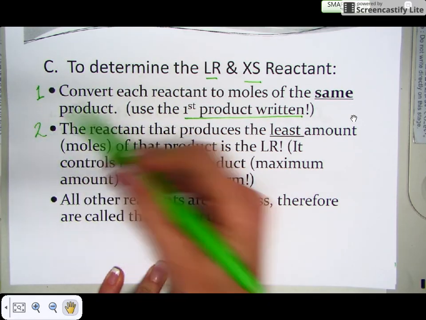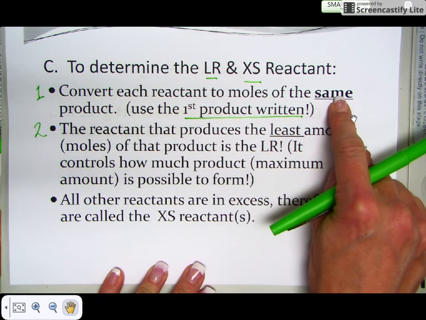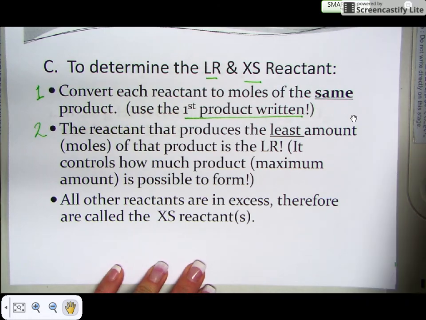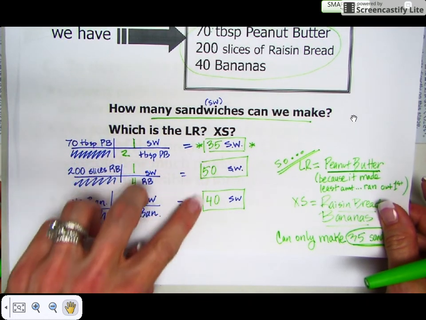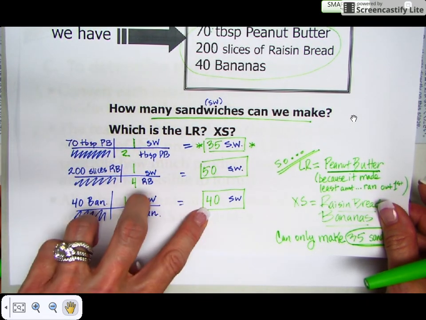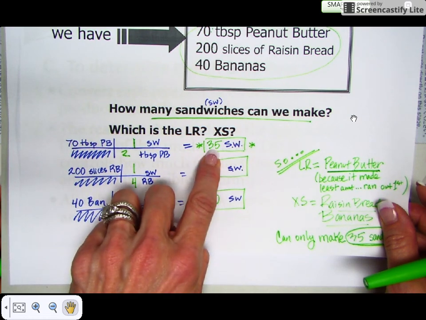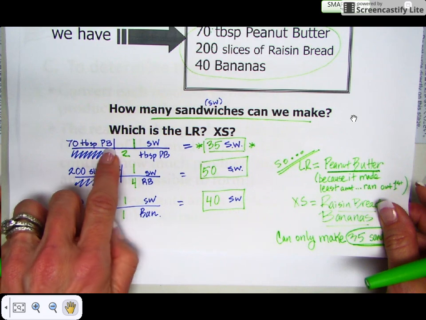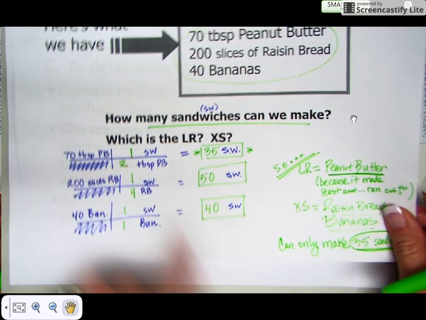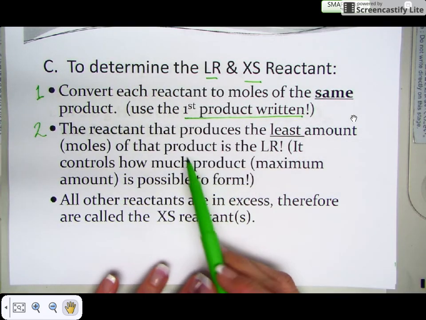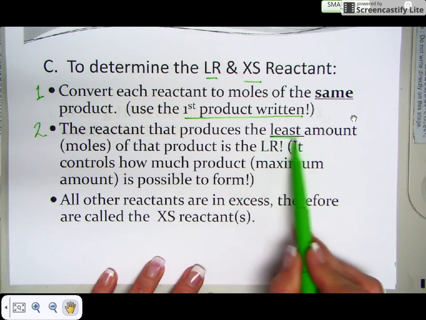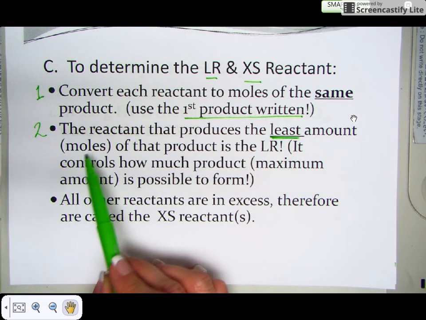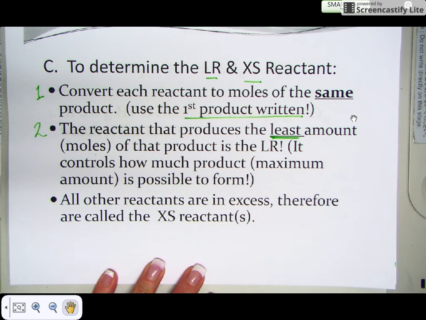Once you convert to moles of the same product, you're going to compare your answers. Just like here, we compared our answers to how many sandwiches we could make. So here we said the 35 sandwiches let us know that that's the most we could make because our peanut butter was going to run out. So when you compare your answers, the reactant that produced the least amount of that product is your limiting reactant.